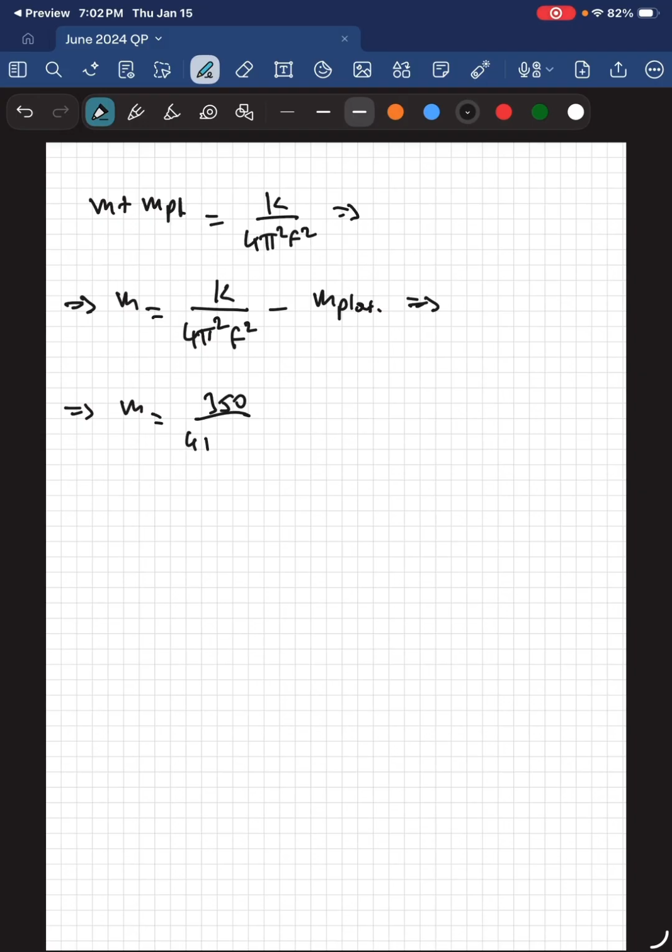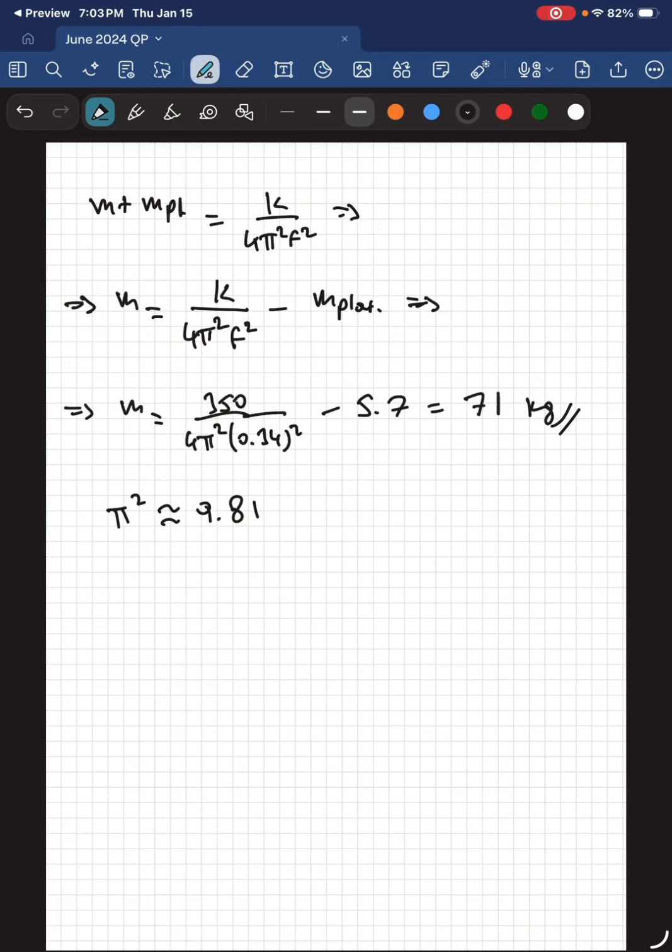If we plug in numbers, we find that m is 350 over 4 pi squared times 0.34 squared, minus 5.7, which is 71 kilograms. To save time, sometimes I tell my students that pi squared is about 9.81.